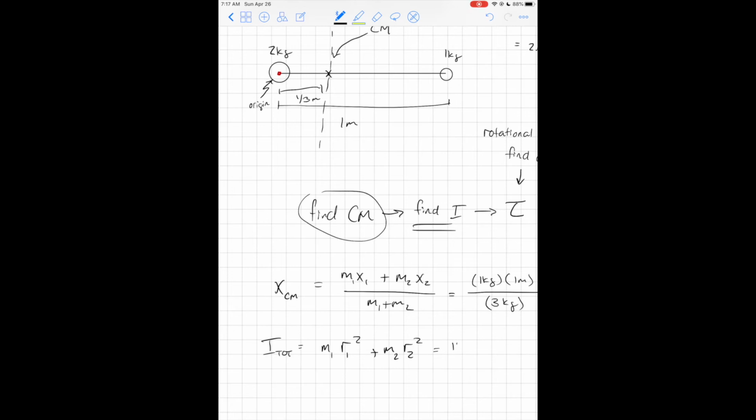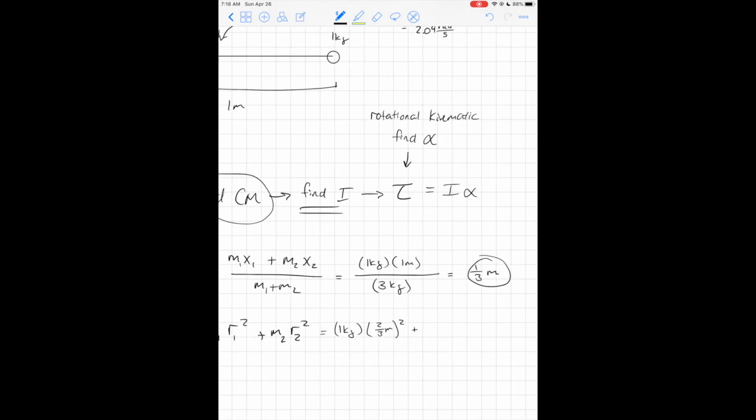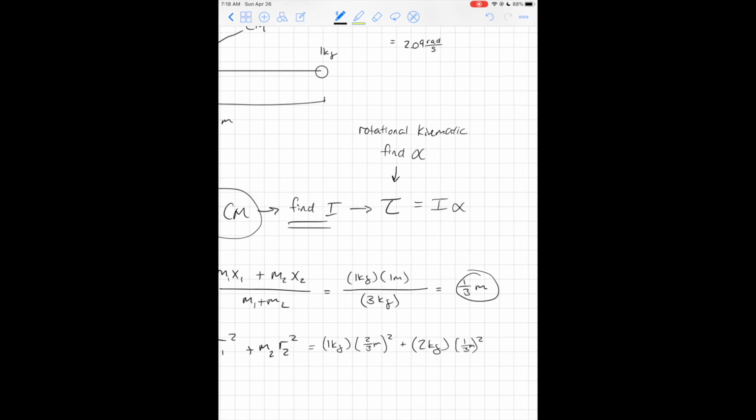So I have 1 kilogram times 2/3 of a meter squared plus 2 kilograms, 1/3 of a meter squared. And when I calculate all of that out in a calculator, I get 0.667 kilogram meters squared. So that is our total moment of inertia. We are done with this part of the problem.